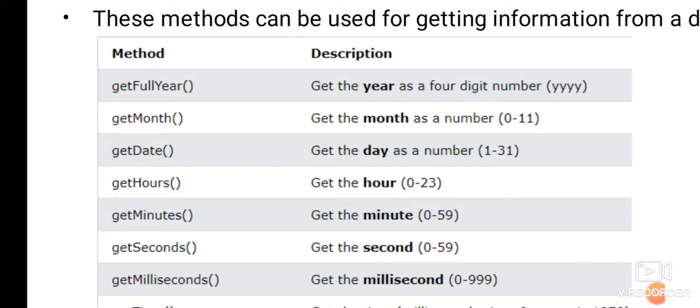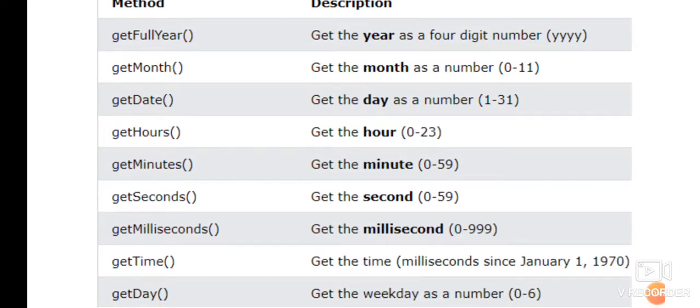Next, getDate. It's used to display the date, that is from 1 to 31, 1, 2, 3, like this. getHours, 0 to 23 hours, total 24 hours. getMinutes, 0 to 59 means total 60 minutes. getSeconds, this is also 0 to 59 means total 60 seconds. getMilliseconds, it will display the information in the form of milliseconds, that is 0 to 999 means 1000. getTime means it will display the time, that is today's time.